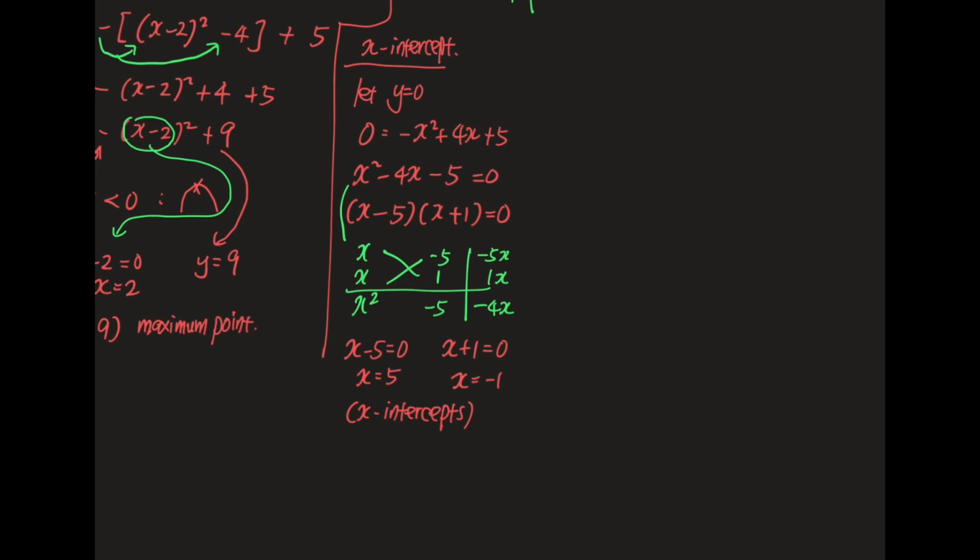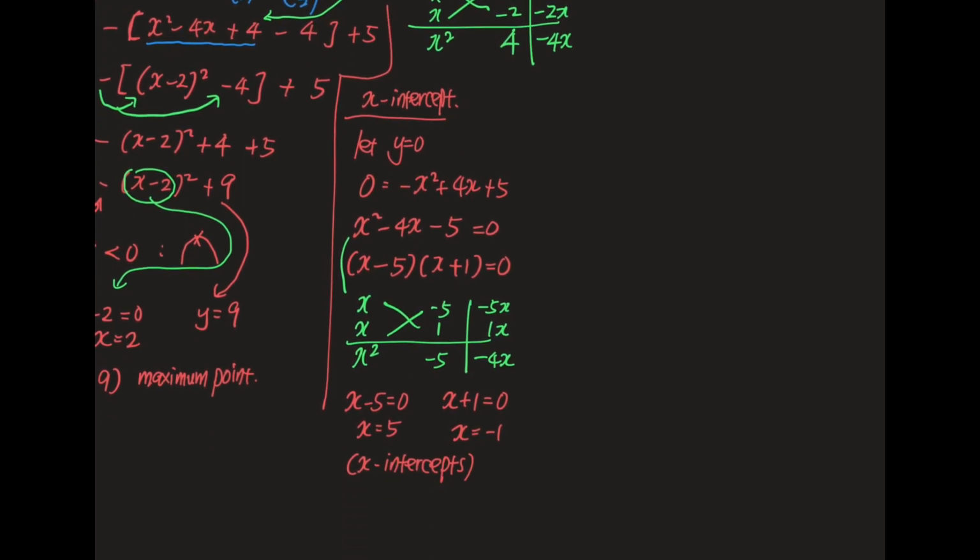So we have two x-intercepts here. This round, you realize that I don't use the quadratic formula because factorizing works here. If factorizing doesn't work, then you have to use the quadratic formula.